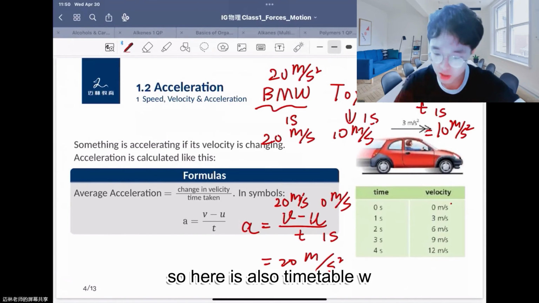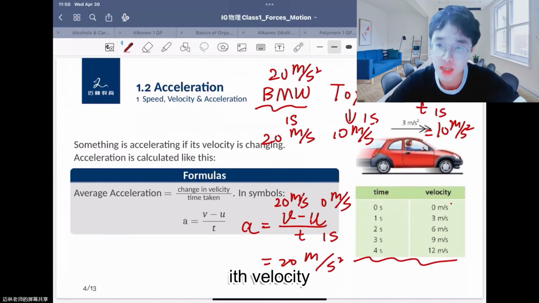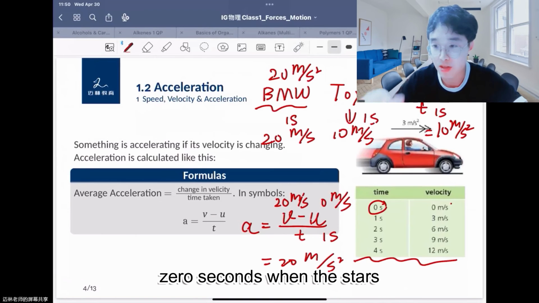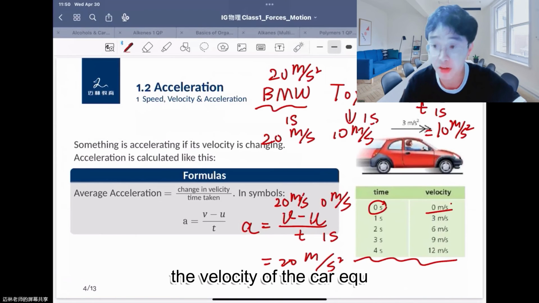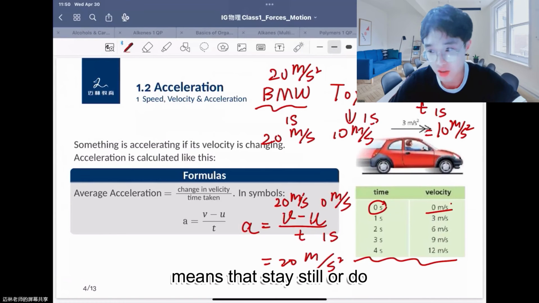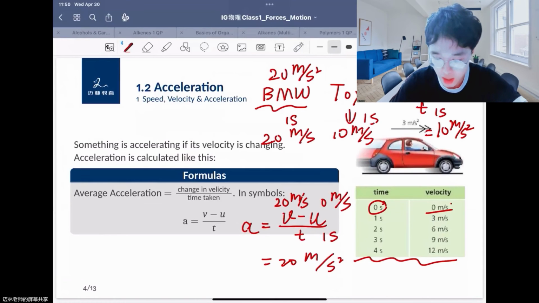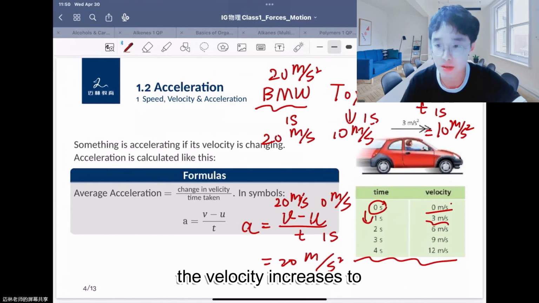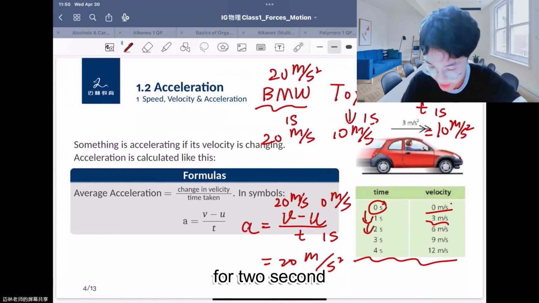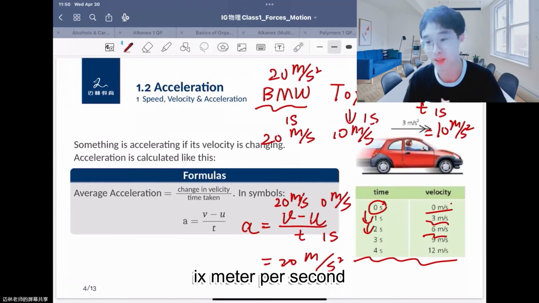Okay, so here's also a table of time and velocity. You can see here at 0 seconds, when the car starts accelerating, the velocity of the car equals 0, which means it stays still or doesn't have motion. But at 1 second, the velocity increases to 3 meters per second. At 2 seconds, the velocity increases to 6 meters per second.